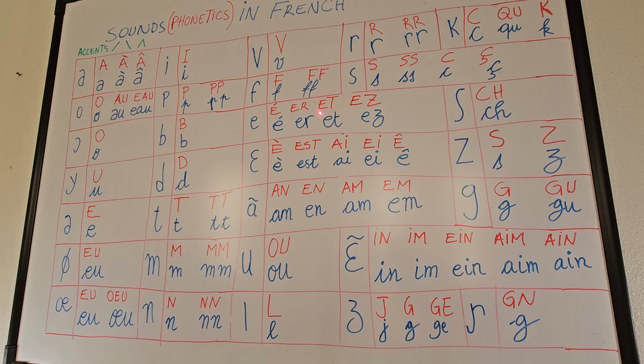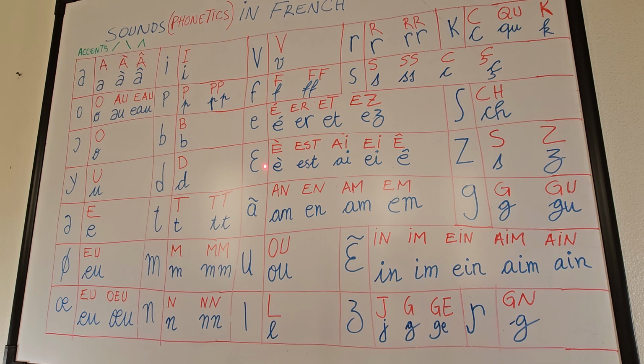Also here we have e, t: if you see a t at the end of a word, it still sounds é. Here as well, you might see z at the end of a word, like avez, vous avez. Remember when we did the conjugation, we said vous avez, which means you have. There's ez at the end.